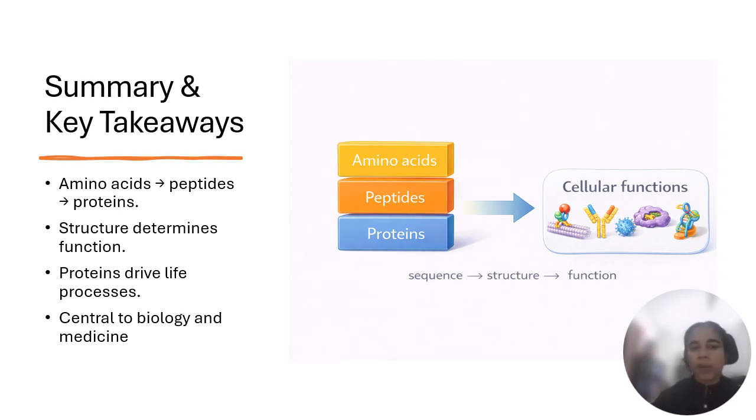The sequence of amino acids decides the structure, and the structure decides the job the protein will perform. From enzymes and transporters to antibodies and hormones, proteins drive life processes. That's why proteins are central not just to biology, but also to medicine, biotechnology, and research. So understanding protein means understanding life itself.